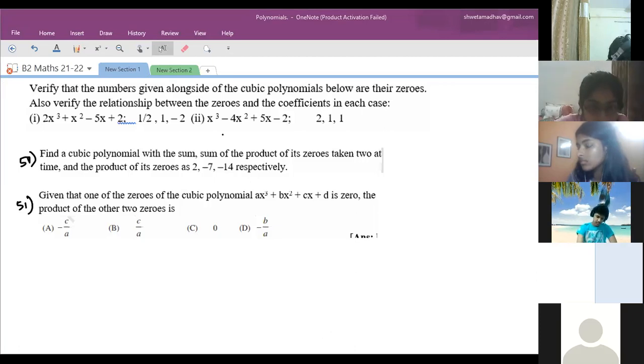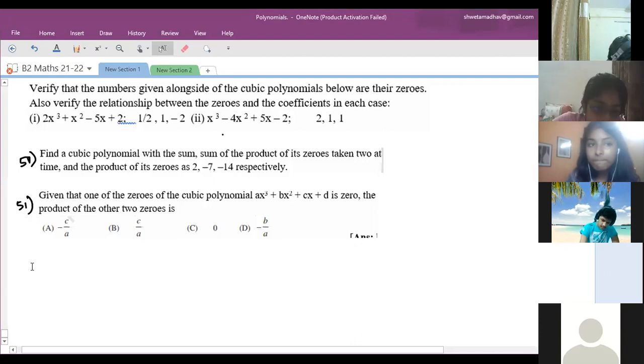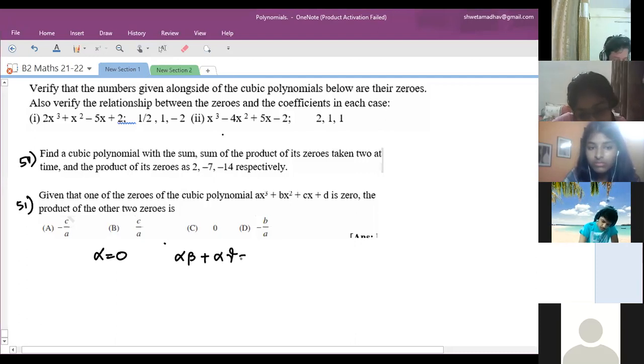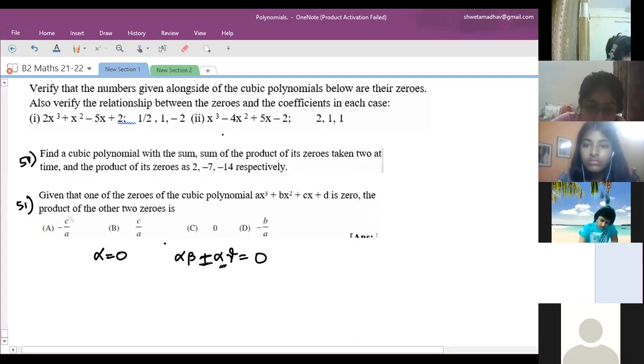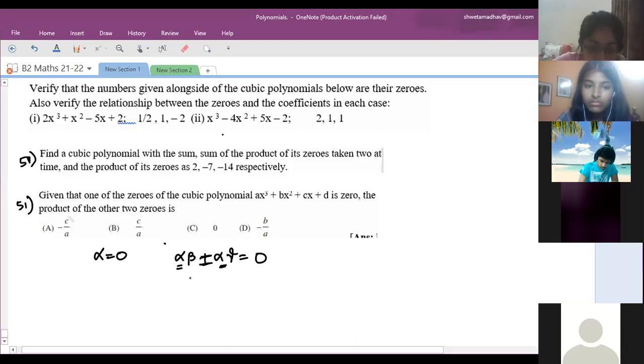Let alpha equal to 0. One of the zeros is 0, so we'll consider alpha equal to 0. Then alpha beta and alpha gamma are equal to 0, because alpha is 0, right? Yes, ma'am.